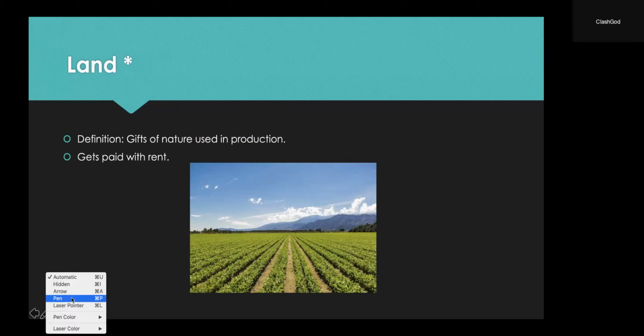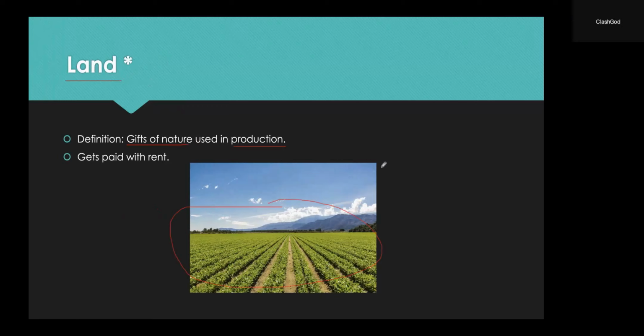The second factor of production is called land, and they are gifts of nature used in production. Now, when you think about land, it is easy to just think about these farmlands, for example, or very flat pieces of land, or your shop. These are kinds of lands, but actually, every gift of nature is considered as land.